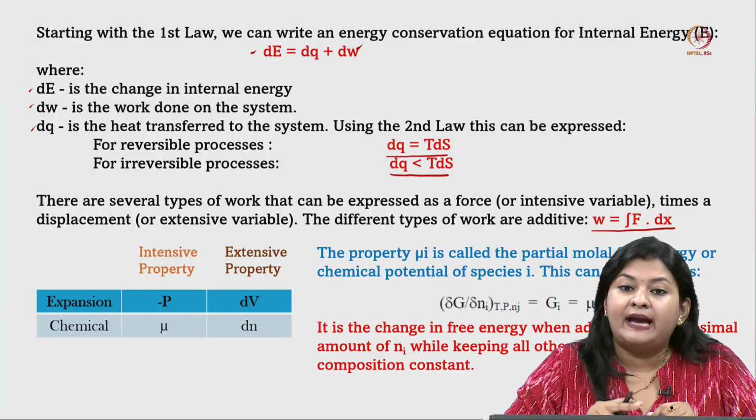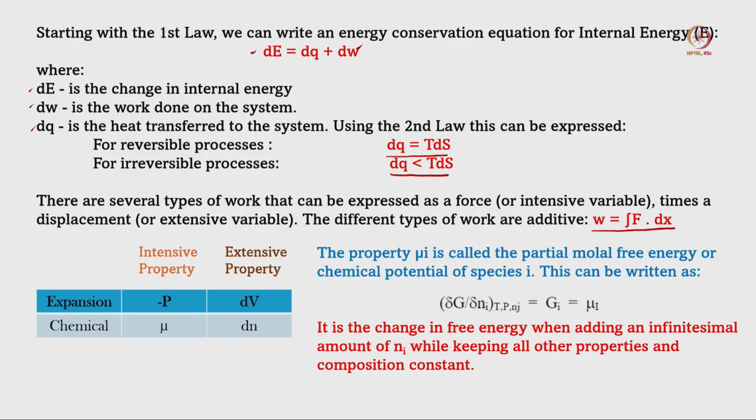Now, there are two types of properties we have. One is an intensive property, another is an extensive property. What is an intensive property? An intensive property is a characteristic that does not depend on the mass or the volume of that particular substance. For example, pressure. Pressure is an intensive property, that means it does not depend on the mass or the volume of the object on which you are applying that pressure.